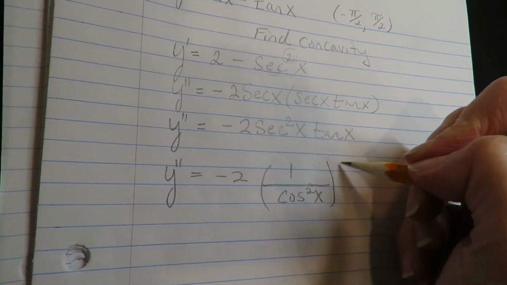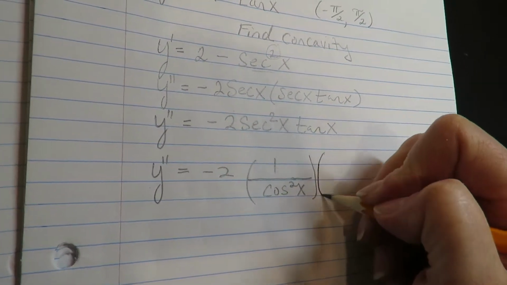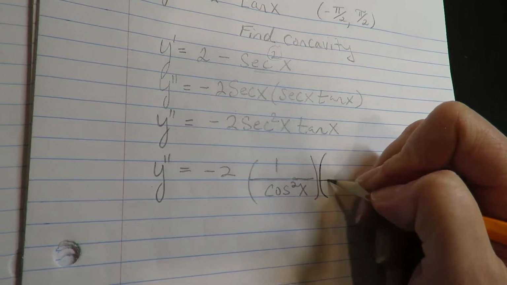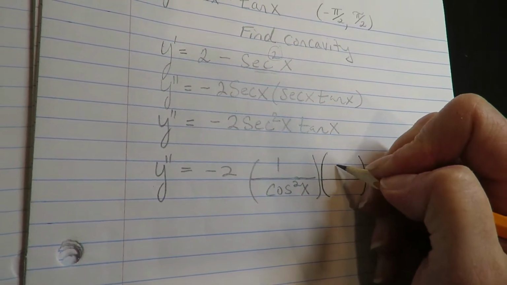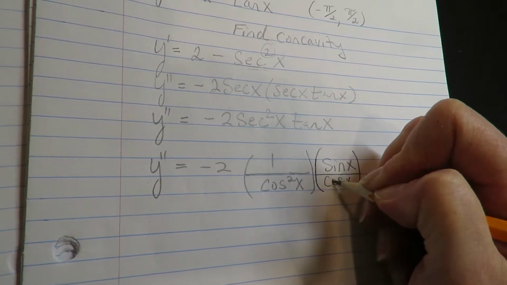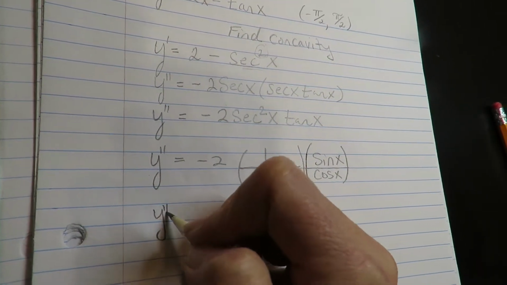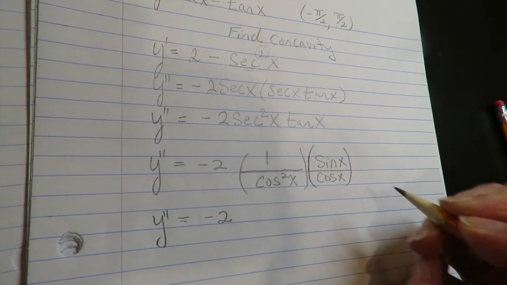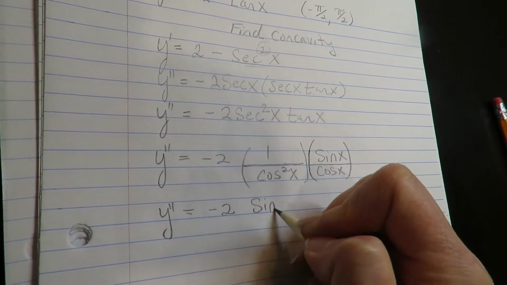You could say the whole quantity squared or 1 over cosine squared. This would be sine of x over cosine x. Sometimes it's just easier to study the function if it's more in its elemental parts. So that's what you're watching me do.